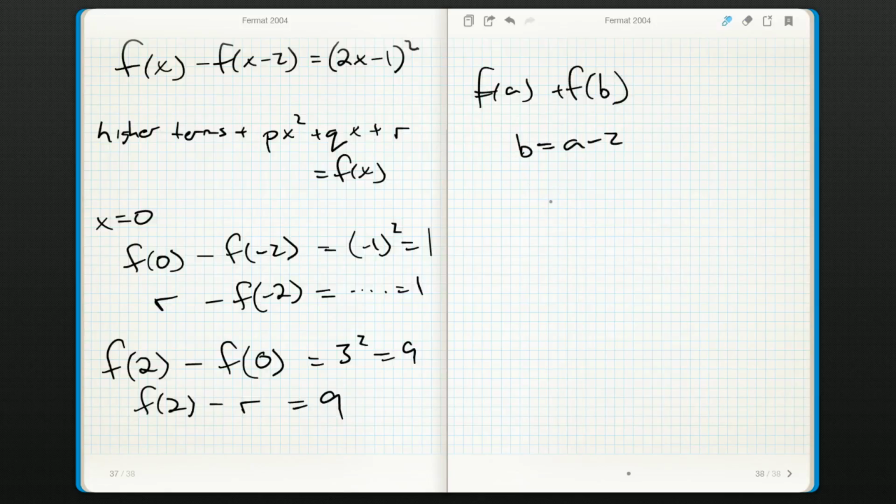No, that's not going to work. Yeah, this is an impossible equation. Okay, so I can't do any sort of symmetry thing, which sucks.